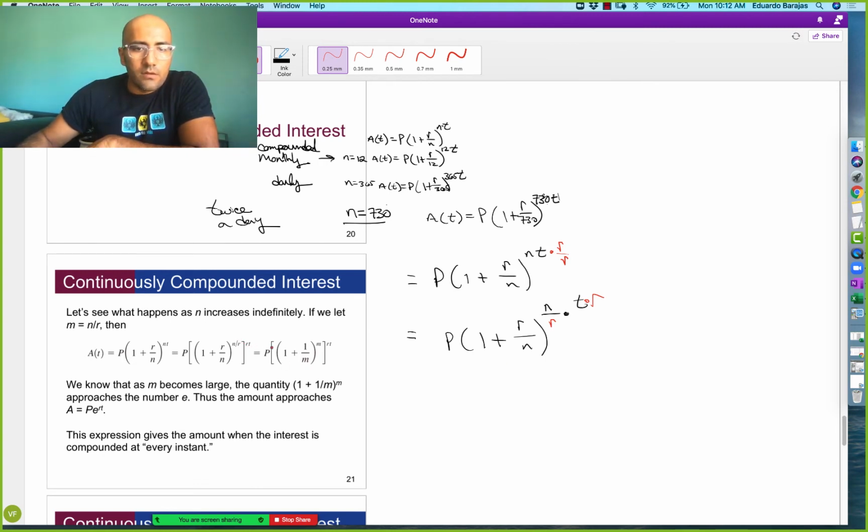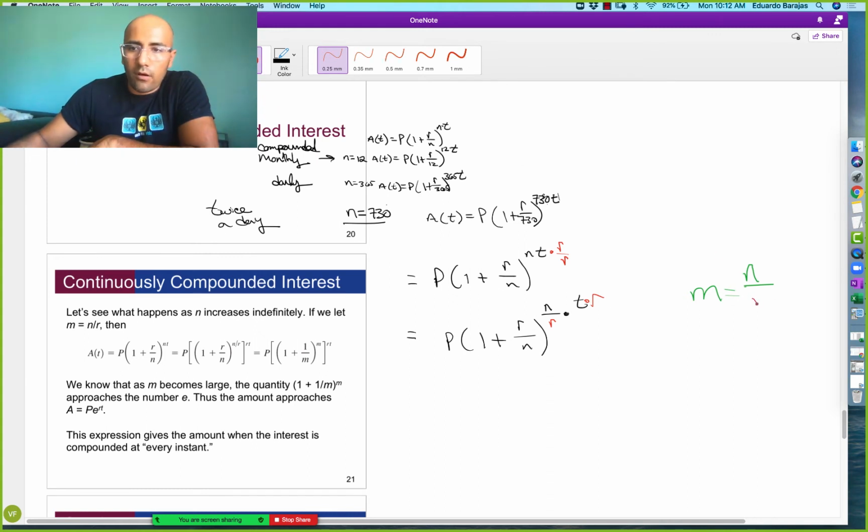Okay, so if we think about the relationship between these two, they're kind of opposite. This is r over n, this is n over r. So they just introduced a new variable. Let the new variable m equal n over r.